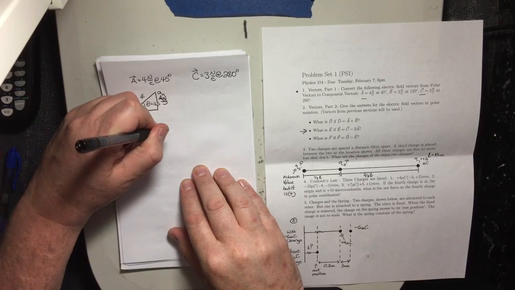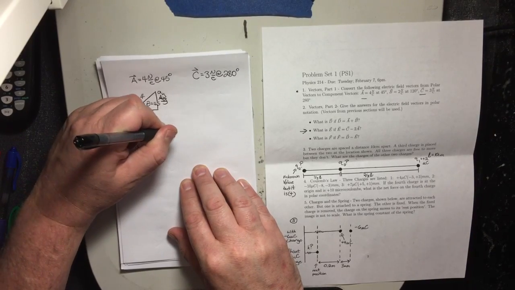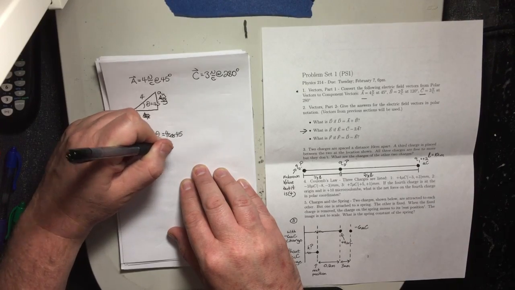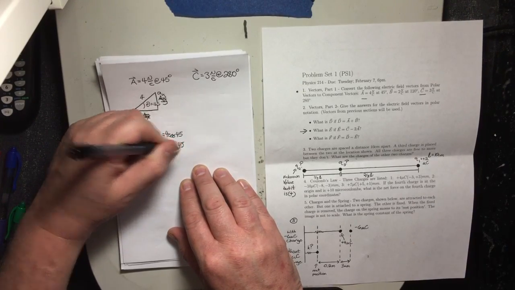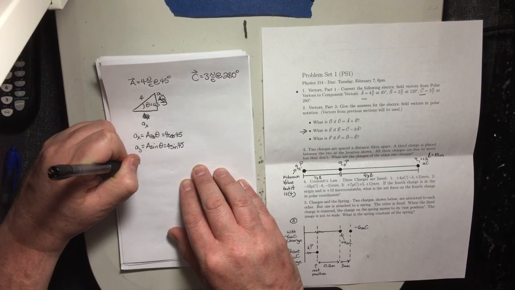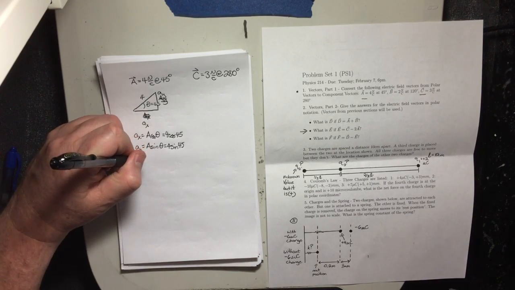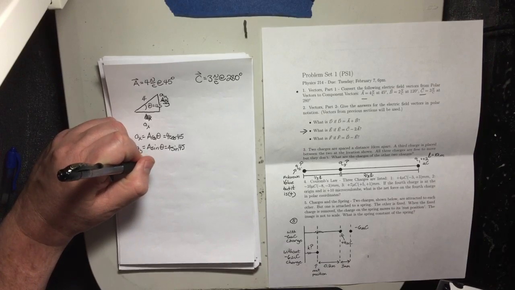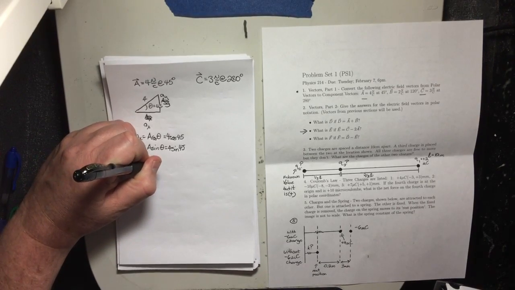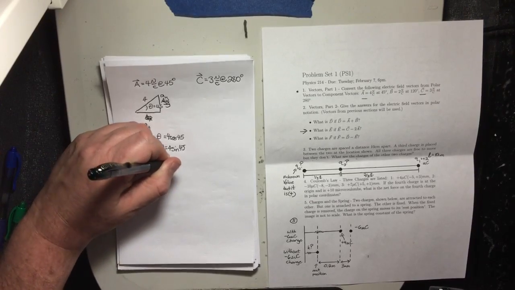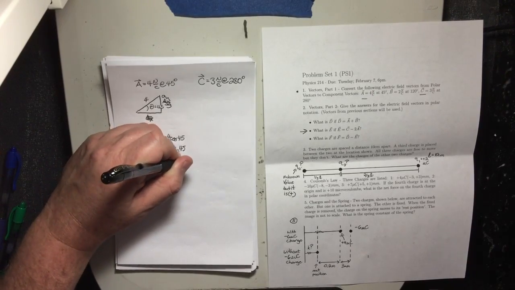So A is 4, the reference angle is 45. The fun thing about all of this is that cosine of 45 and sine of 45 is the same number. So in both cases, AX is 2.828 and AY is 2.828.